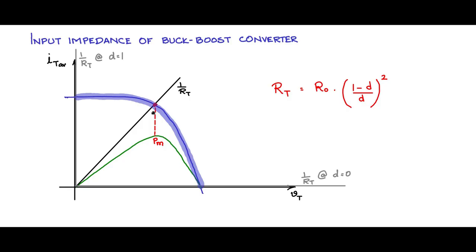So one of the main advantages of the buck boost converter is that it covers the entire first quadrant, and any point on the IV characteristic is reachable by the buck boost converter interface. So this is the important takeaway. Entire first quadrant is the range of this converter.